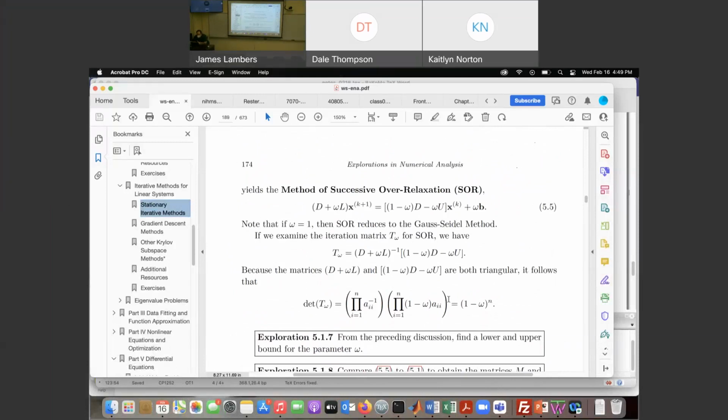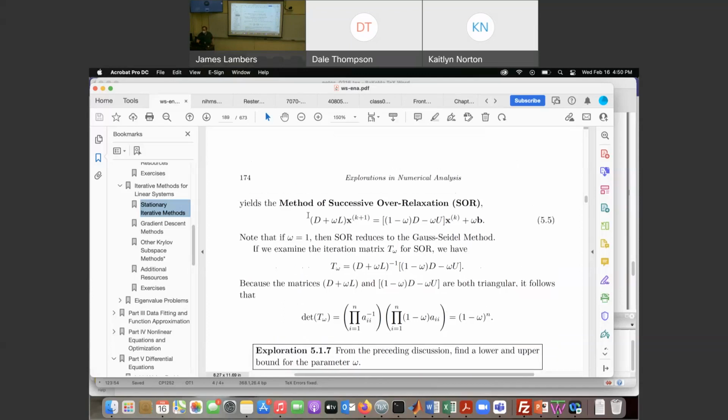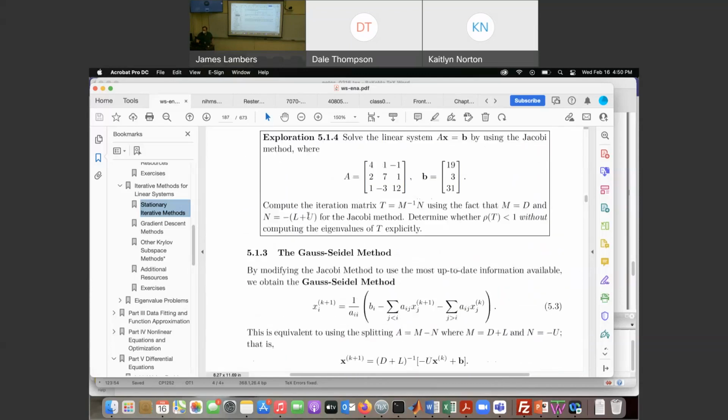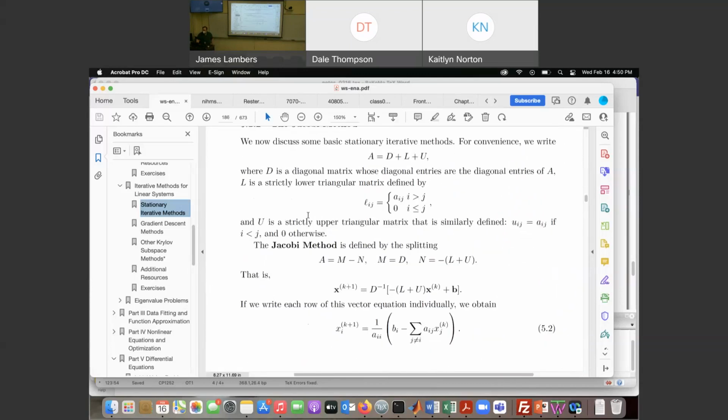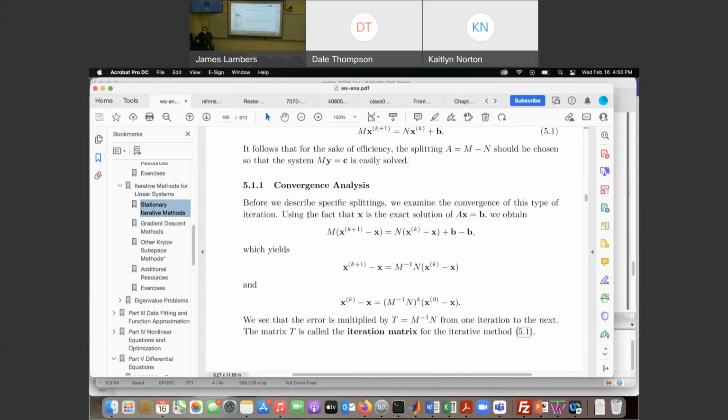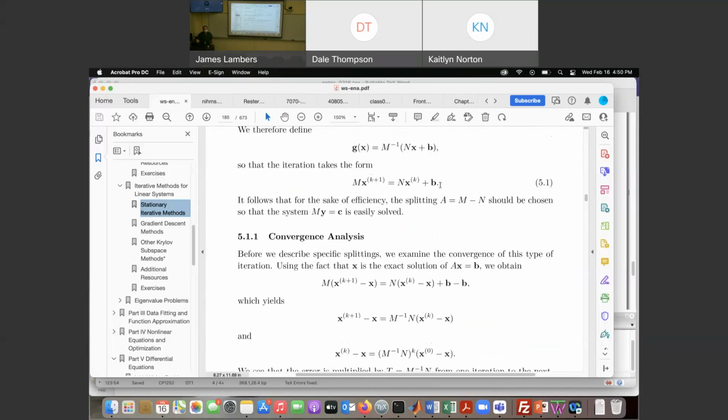Your hint says they are not the matrices D plus omega L and the other one. Isn't the transition matrix an inverse times n? To see why this equation is not exactly the same form as 5.1, by equation 5.1 I mean the general iteration.